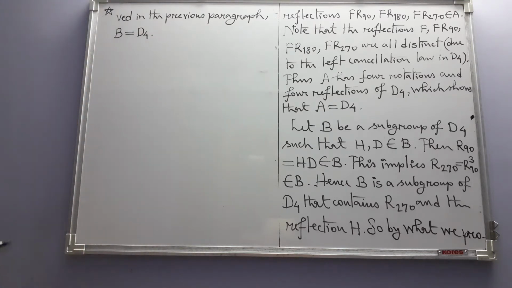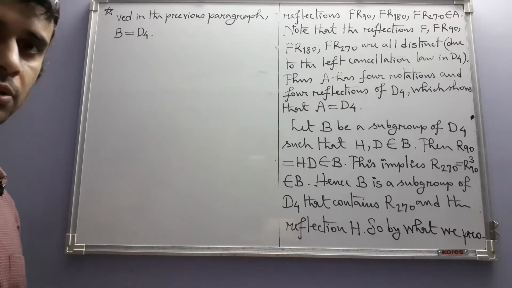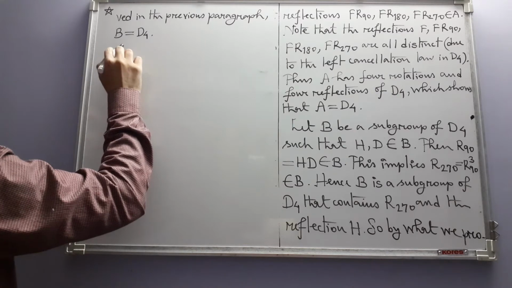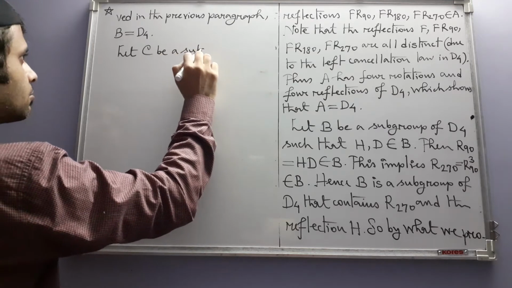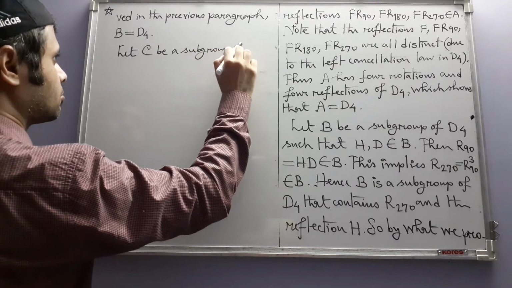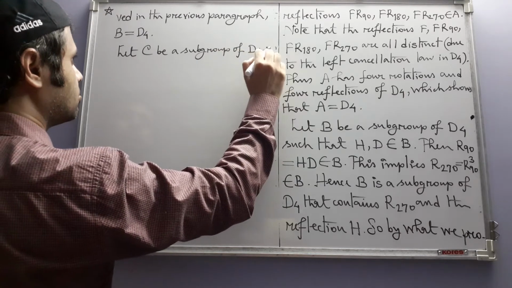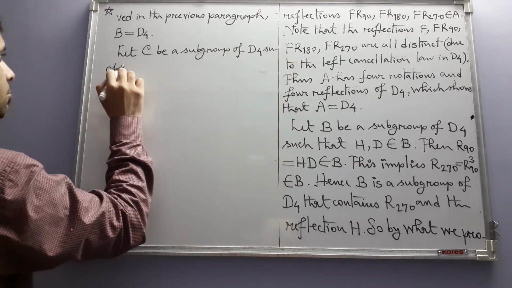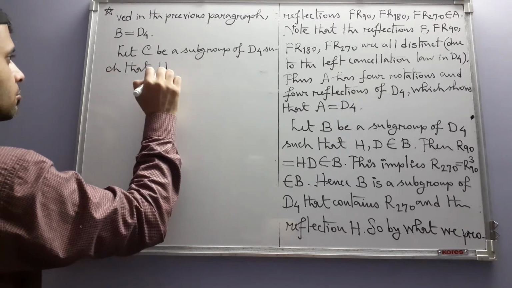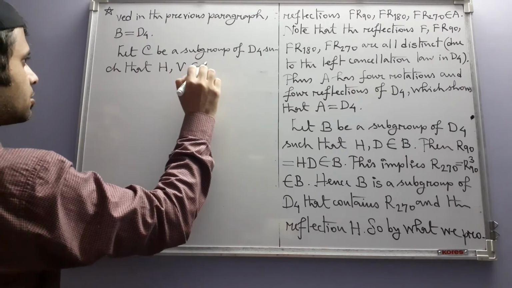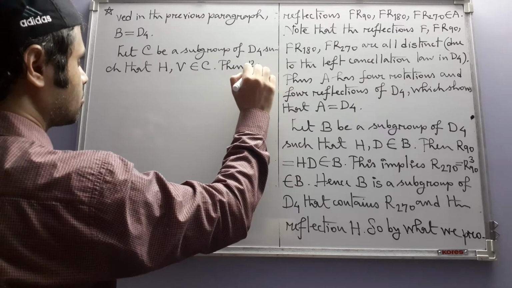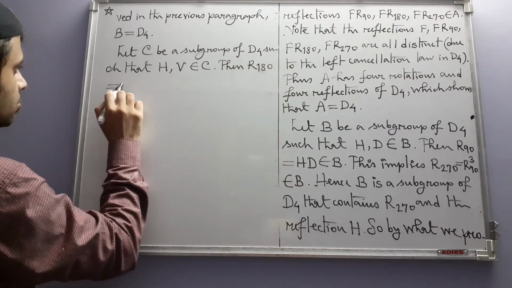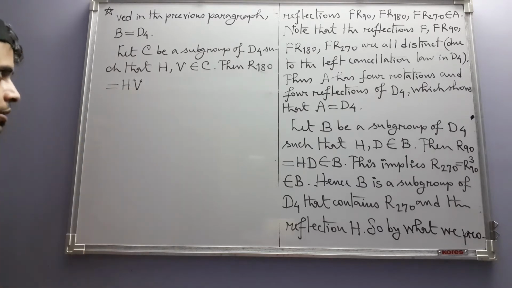And finally, we want to say something about a subgroup of D4 that contains H and V. Let C be a subgroup of D4 such that C contains H and V. Now if you form the product HV, it turns out to be equal to R180.